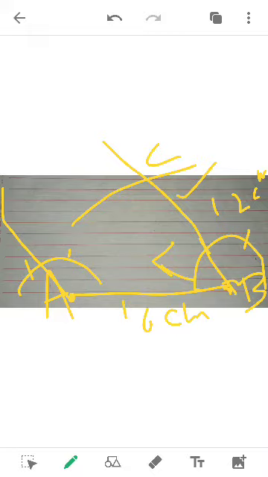This is 100 degree, and once again I will place the compass on A and mark a point somewhere around there. Once again 12 centimeter, because opposite sides are the same. So this is once again 12 centimeter. I will finally join this point with this point, and this is my point D. This last calculation might be a little interesting because this is not given data. I've drawn this angle at 100 degree.